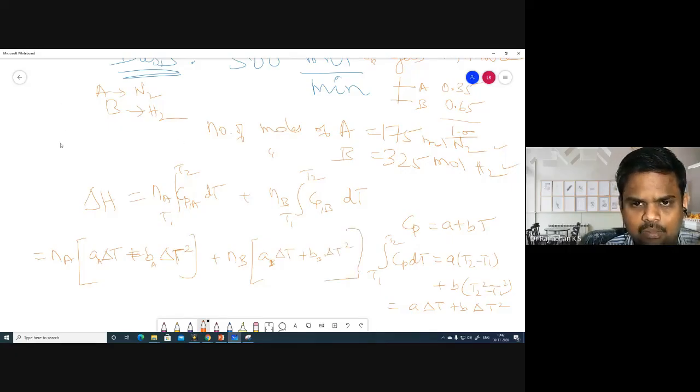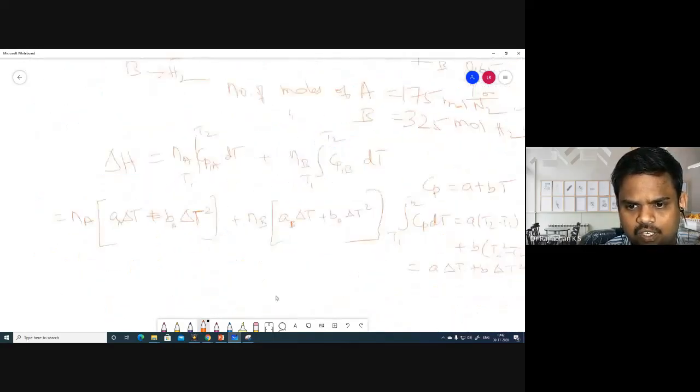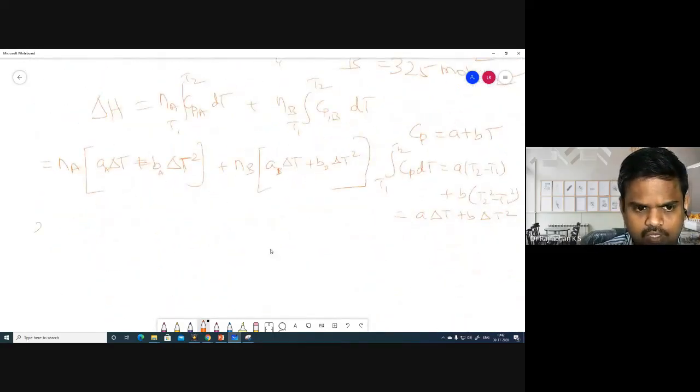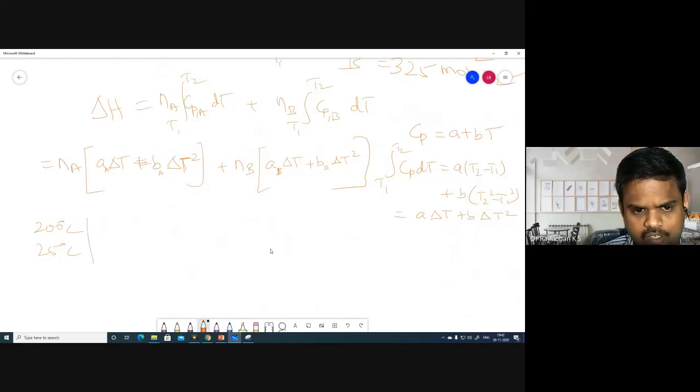Okay, so we have both temperatures, right? It needs to be heated from 25 degree Celsius to 200 degree Celsius. But we should write them in Kelvin. T is in Kelvin in Cp. Therefore, T1 is equal to 200 plus 273, which is 473 Kelvin, and T2 is 25 plus 273, which is 298 Kelvin.